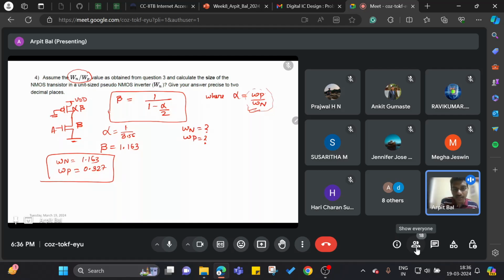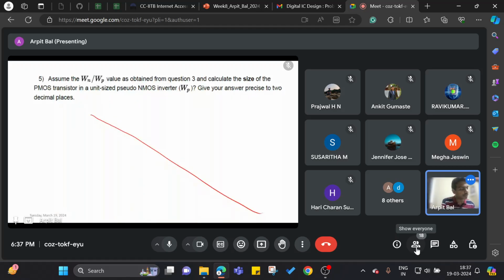In question 3 we figured out Wn by Wp. Here you just take the reciprocal, find alpha, substitute it in the equation for beta, and you will find beta. Beta is the width of NMOS and alpha beta is the width of PMOS. So you have your Wp and Wn available.